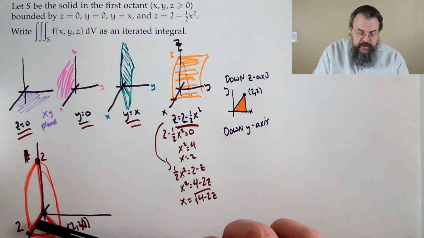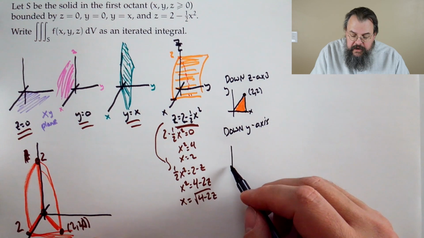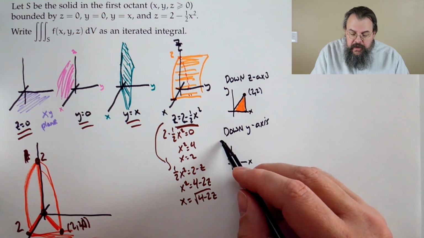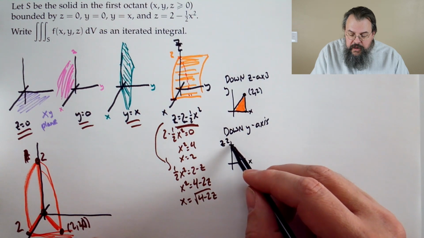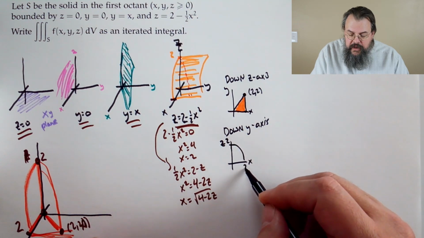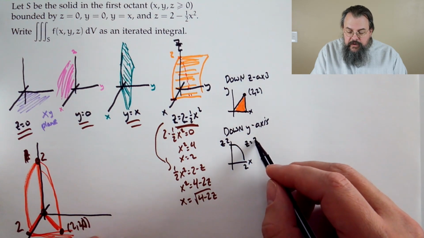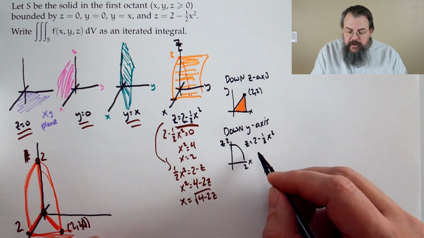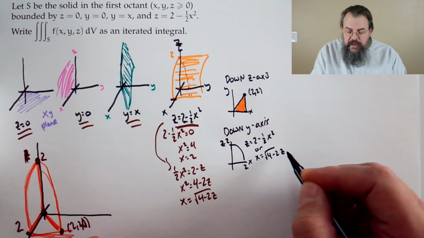All right, so there we go. So that is in the xz plane, and it's this, we come here at 2 and come down here, and here's 2 as well, and this is our curve z equals 2 minus 1/2 x squared, or x equals the square root of 4 minus 2z.